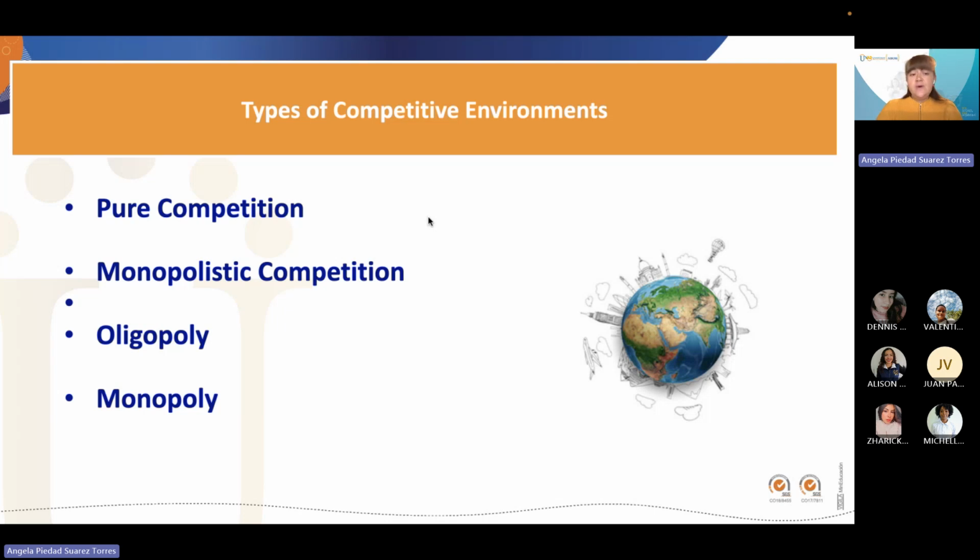The easiest way to understand pure competition is when we go to the supermarket, to the groceries area, or maybe in our case, better to see the market, the Plaza de Mercado, where you find the same product in different places, and you just choose the one you prefer with the better price.